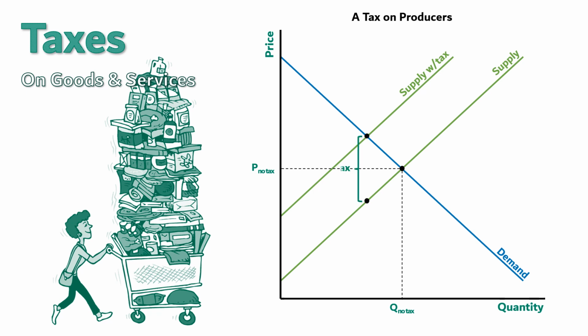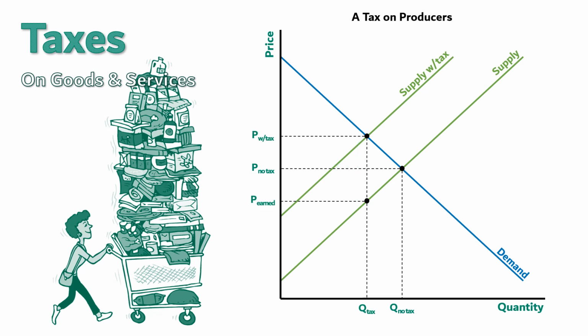Supply will decrease, shifting left, until the vertical distance between the old supply and the new one is equal to the tax. Remember, supply represents the marginal cost of production, and if we add a $1 tax per unit, that is increasing those marginal costs by $1 for every unit. So supply moves up vertically by the amount of the tax.